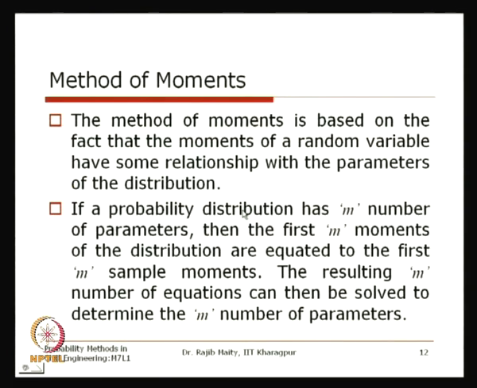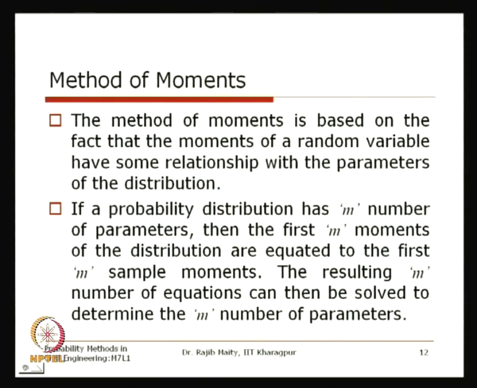The method of moments is based on the fact that the moments of a random variable have some relationship with the parameters of the distribution. So whatever sample we have, we will calculate the moments of that random variable, and that should have some relationship with the parameters of the distribution. We have discussed the first moment and second moment with respect to the origin.